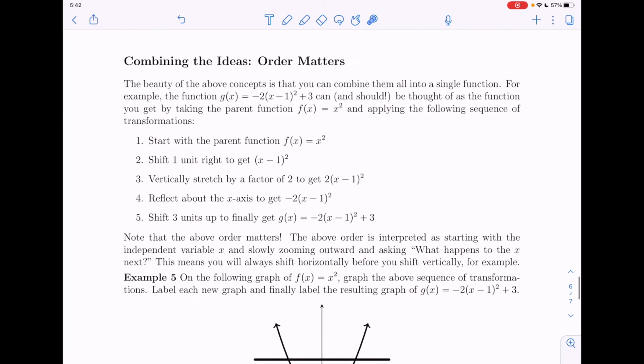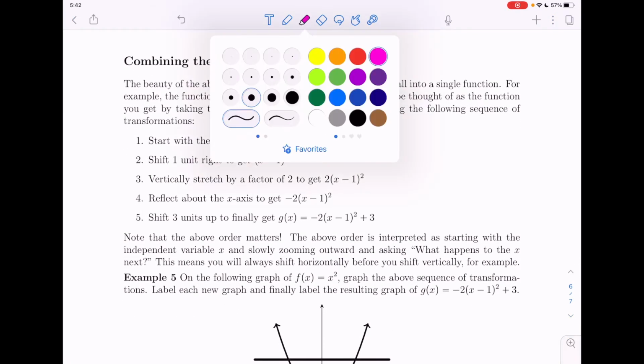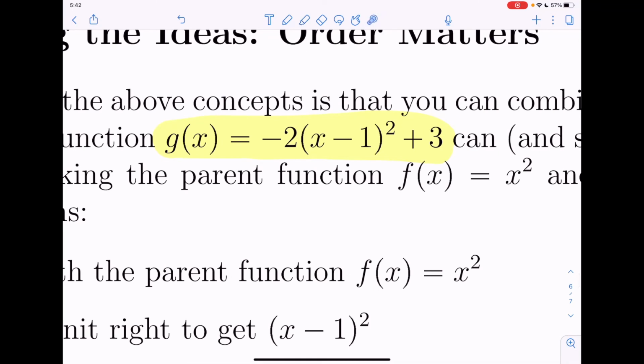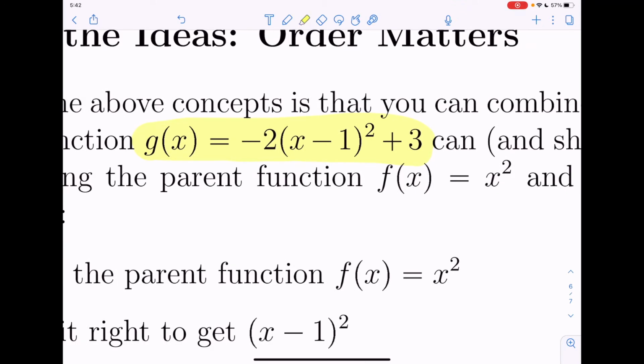And so, for example, you can combine them together. Sometimes you'll look at functions that look like this. This function is complicated looking, but at its core, it is effectively this function, x squared, but with some transformations.